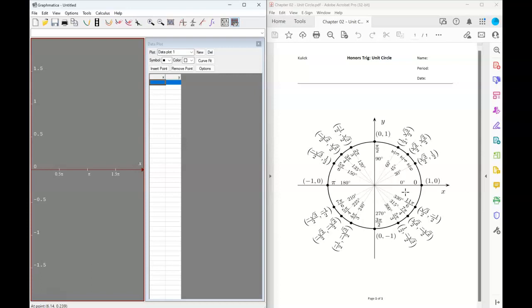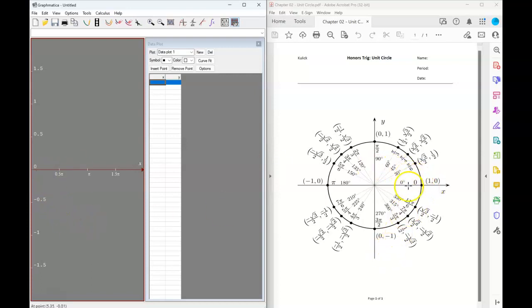The reason is that 2 pi, one rotation around the unit circle, is a little bit more than 6, so that's potentially about 6 tick marks on my graph. 360 degrees is one rotation, and that's 360 tick marks on my graph. I don't want to do that. That's why the convention is to use radians rather than degrees. Everybody's okay?